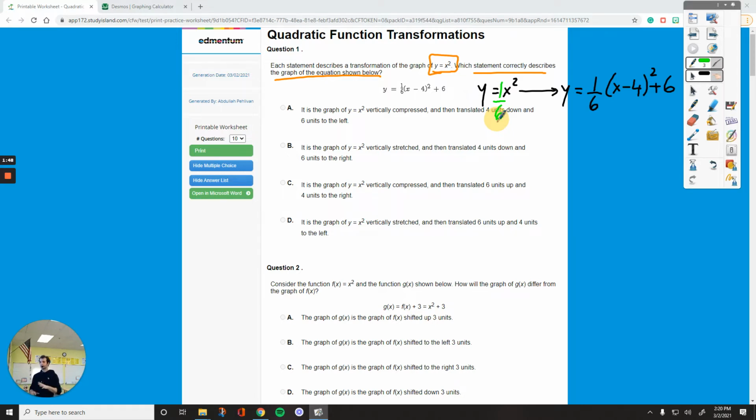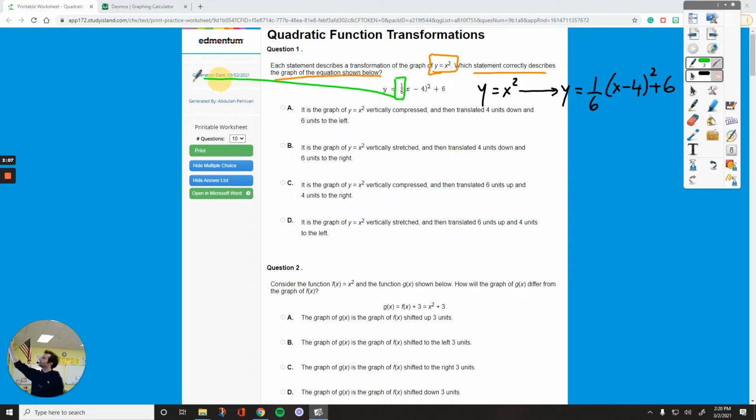It's either one of them. So let's see how we will decide that. This number could be a whole number or a fraction, and what it describes is whether you have a vertical stretch or compress.